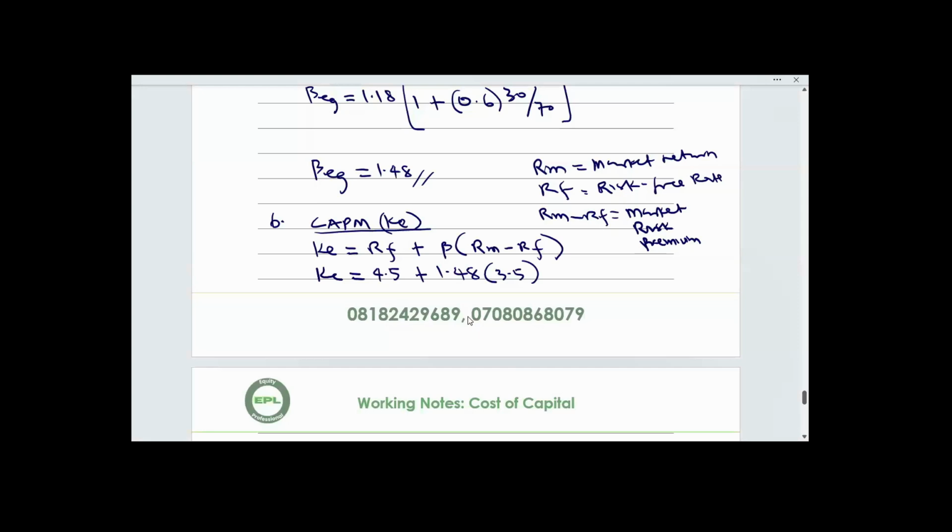So there's no market return. You are only given the difference, which is 3.5. It's already given in the question. But you must know that the difference between market return and the risk-free rate of return is called market risk premium.